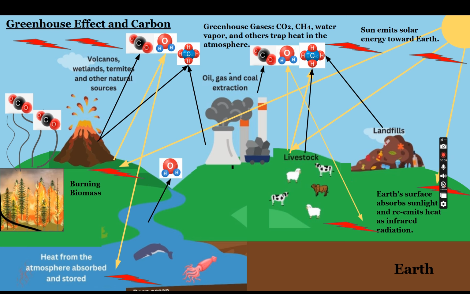Now, we don't always notice this heat, because global warming is leading to a process called climate change. In different zones on our planet, our climate is changing. What we're going through right now is extreme temperatures.